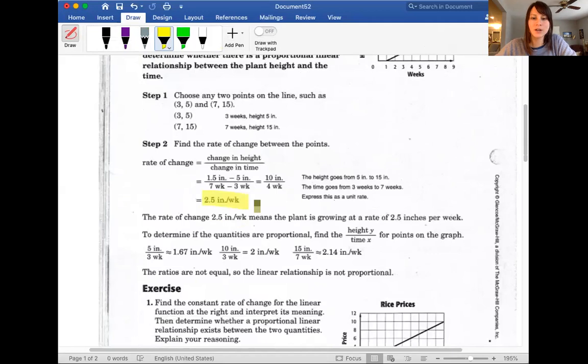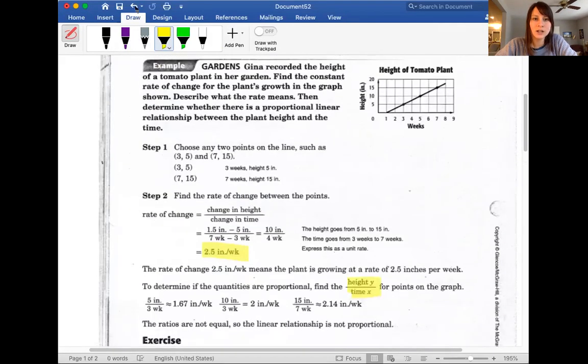To determine if it's proportional, they pick points and put the y over the x for points on the graph. There's a point here, 5 inches to 3 weeks. There's 10 inches to 5 weeks, and there's 15 inches to 7 weeks.